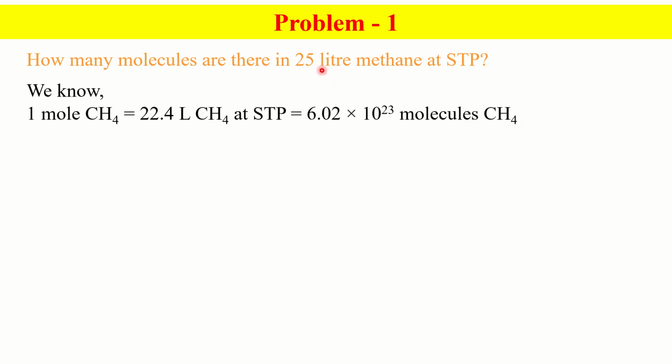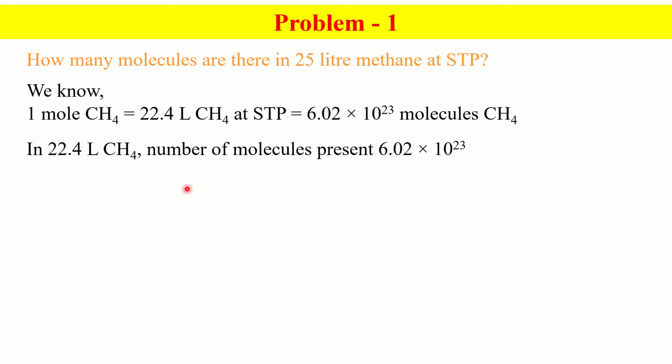Now dear students, look, you have to calculate the number of molecules present in 25 liter methane. In 22.4 liter methane, how many molecules of methane are present? 6.02 into 10 to the power 23 molecules. So we can write, in 22.4 liter methane, the number of molecules present is 6.02 into 10 to the power 23. So in 25 liter methane, how many?